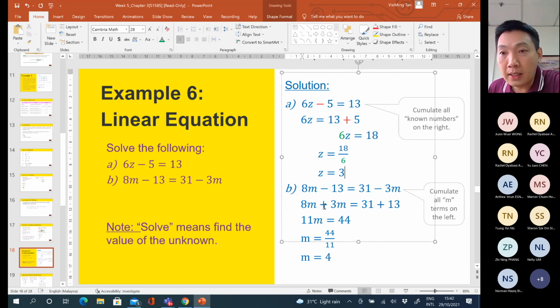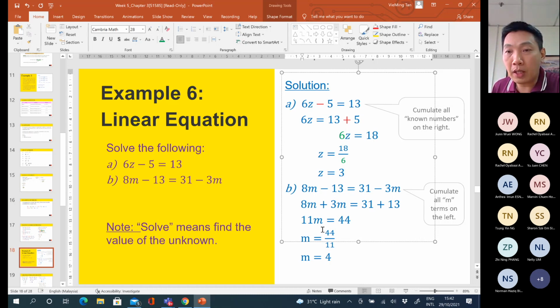Then this number negative 13 we have to move to the right hand side, all right? So it becomes plus 13. Both terms still remain as the numerator, but we only change the sign, right? So m plus 3m is equal to 11m. 31 plus 13 on the right hand side is 44.